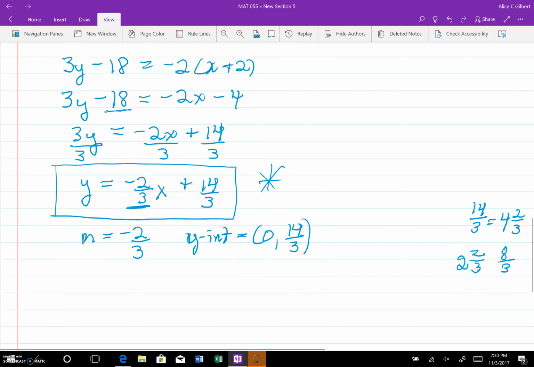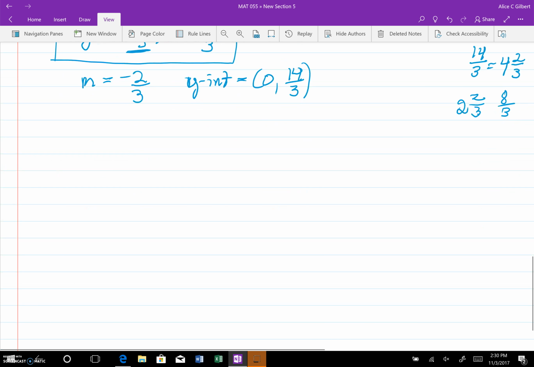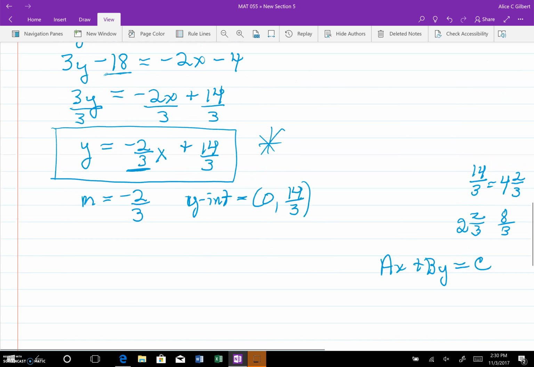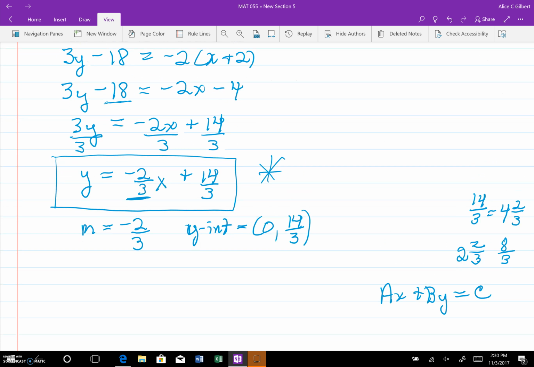Just write that down. If it says, however, put it in standard form, remember, standard form is ax plus by equals c. And then come back here to this guy, so I'll rewrite him, and now we'll rewrite this in standard form.